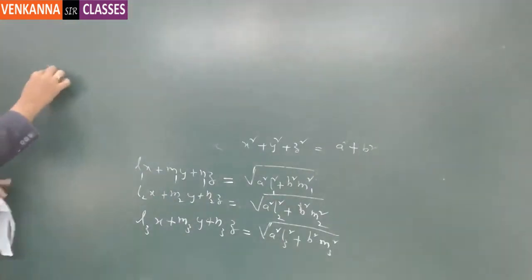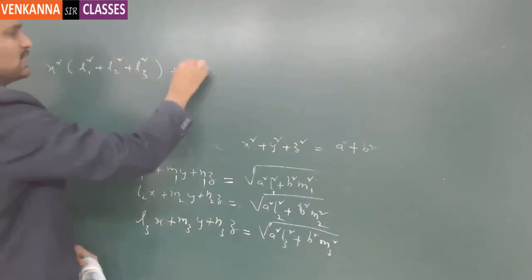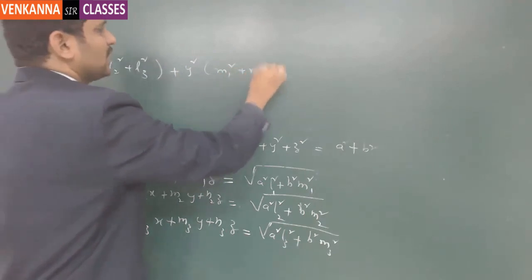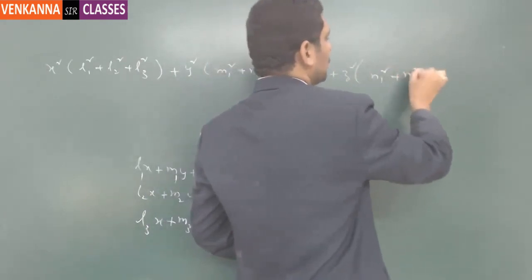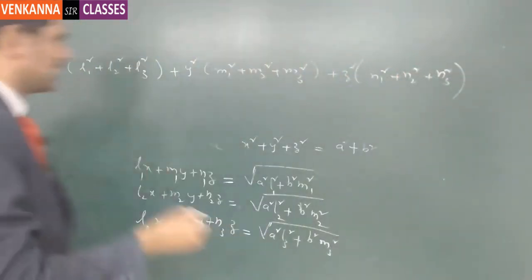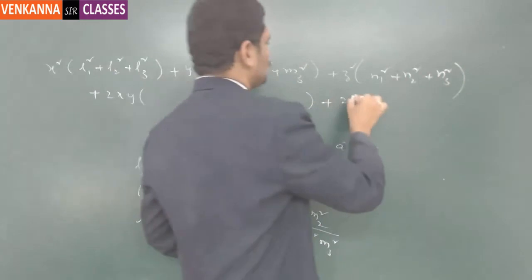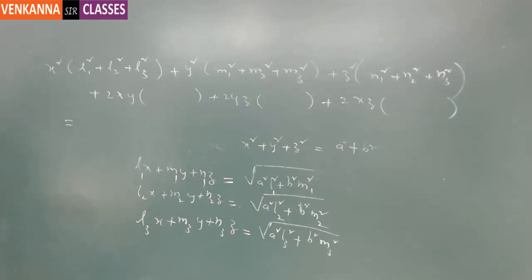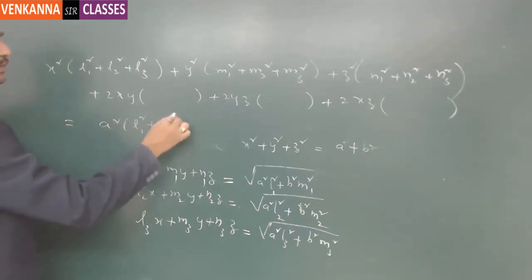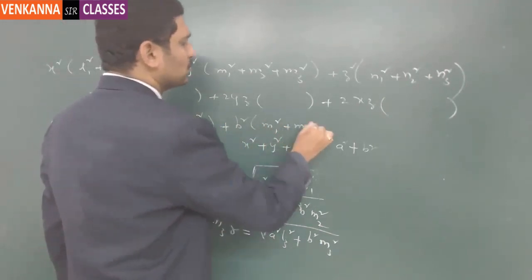So we are going to get x²(L1² + L2² + L3²) + y²(M1² + M2² + M3²) + z²(N1² + N2² + N3²), plus other terms: 2xy into some value, 2yz into some value, plus 2xz into some value, equal to the terms having a² into a value and b² into a value: a²(L1² + L2² + L3²) + b²(M1² + M2² + M3²).